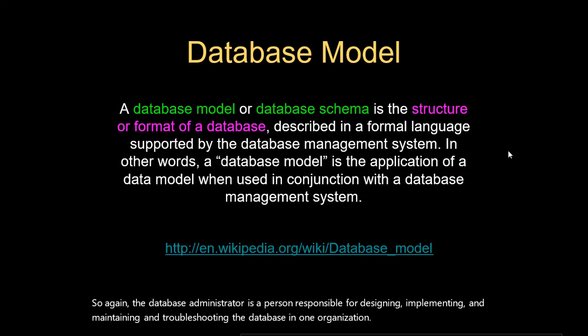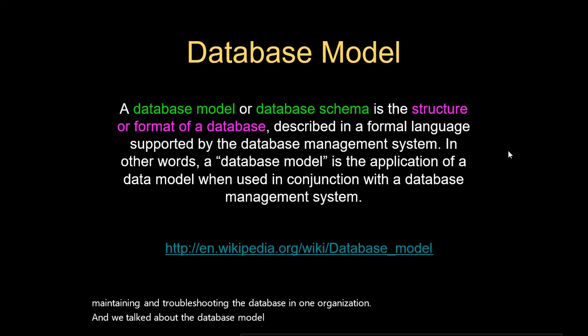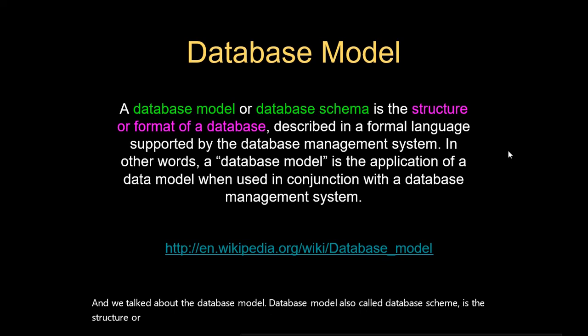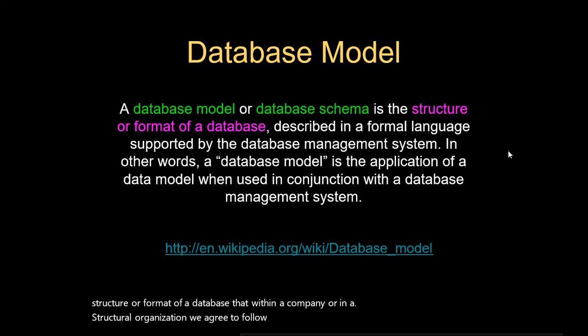And we talked about the database model. The database model, also called the database schema, is the structure or format of a database, which within a company or organization we agree to follow as rules. It's a formal language supported by the database management system.